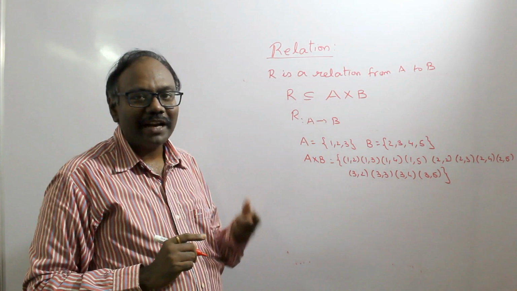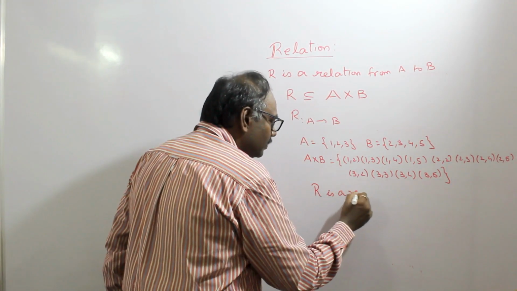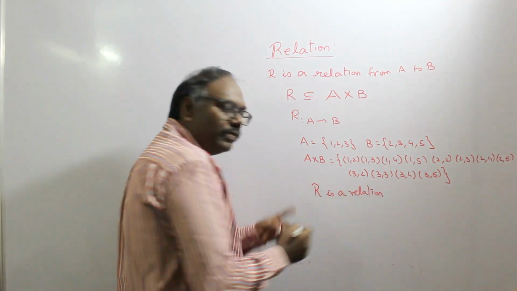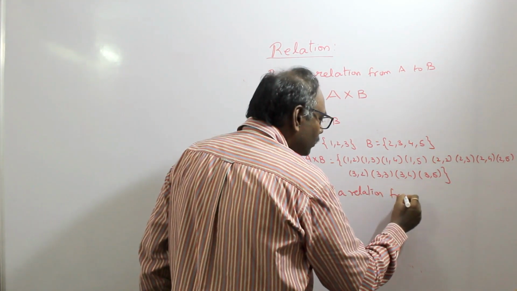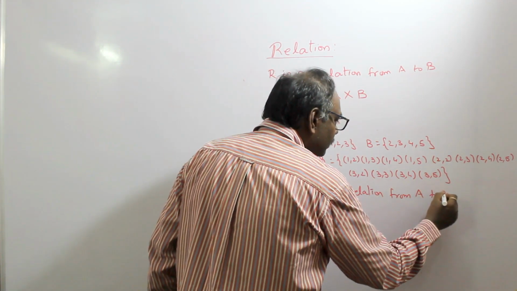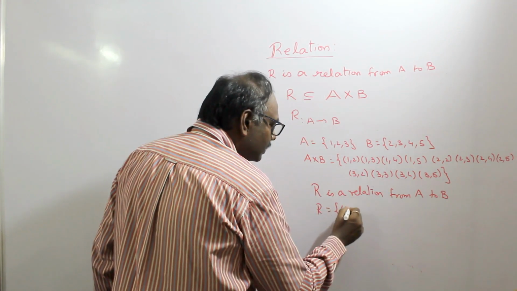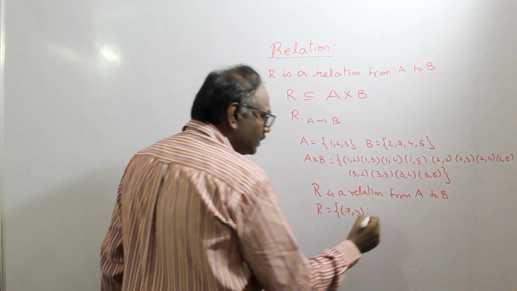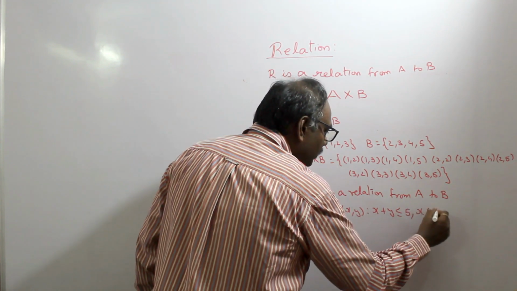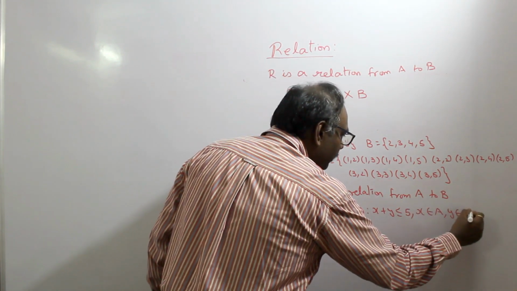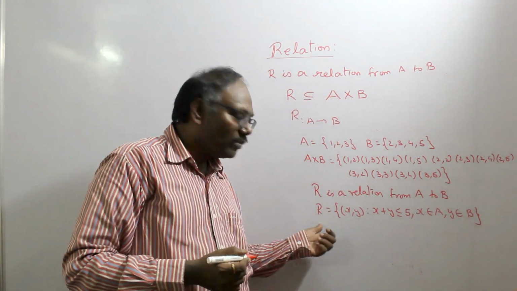Now let us try to frame some relation R from set A to set B. Let us write a relation R from A to B, defined as R equal to the set of all ordered pairs (x, y) such that x plus y is less than or equal to 5, x belongs to A, y belongs to B. So this way of writing the set is called set builder form.